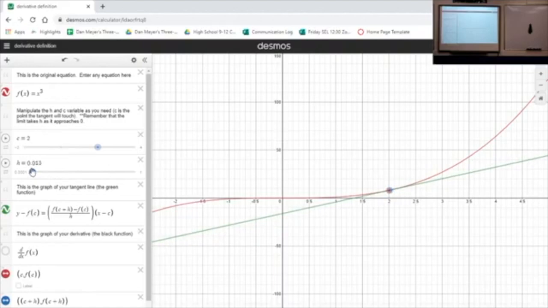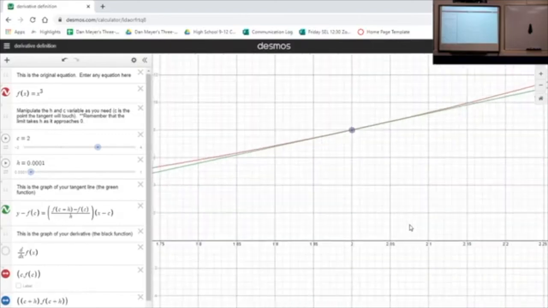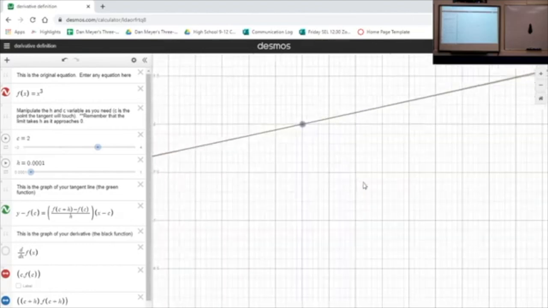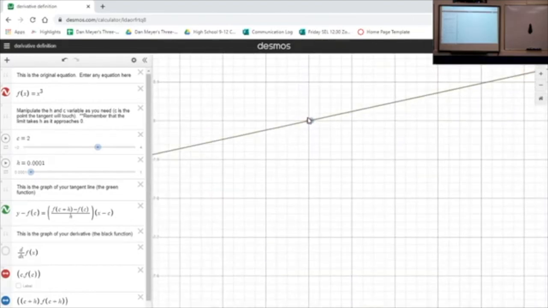We're getting to 0.01. And you'll notice the blue point is almost on top of the red point. But if I zoom in far enough, you'll see that it's actually not, and that there is this little space in between the 2.